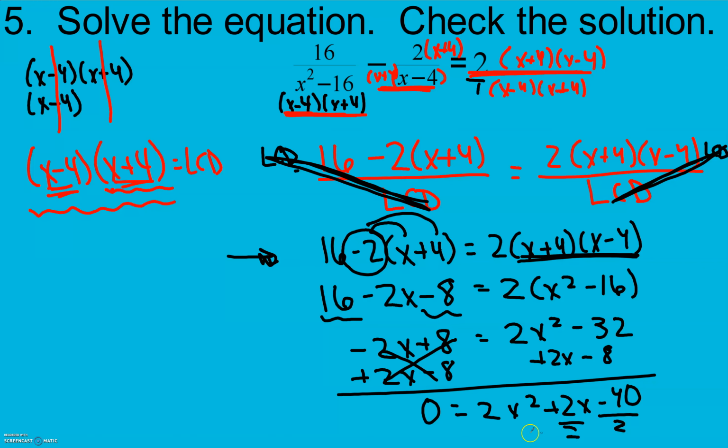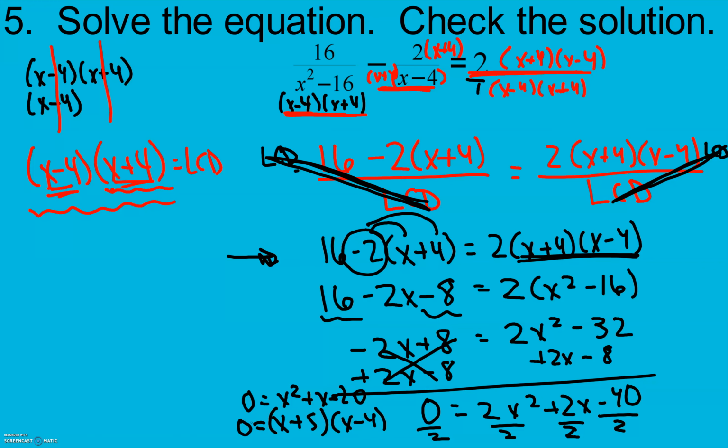Everything's even, so I'm going to take out that greatest common factor of 2. Now to multiply to 20, subtract to 1. It's going to give me x plus 5, x minus 4.